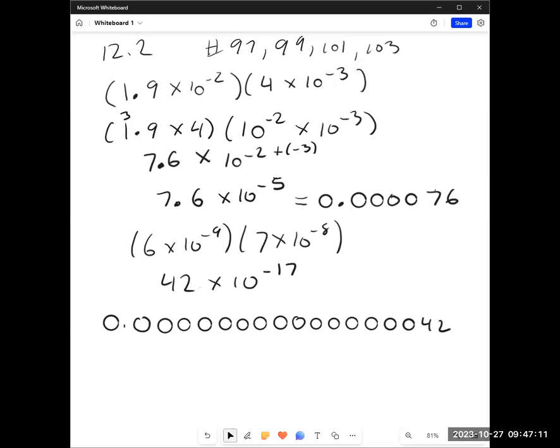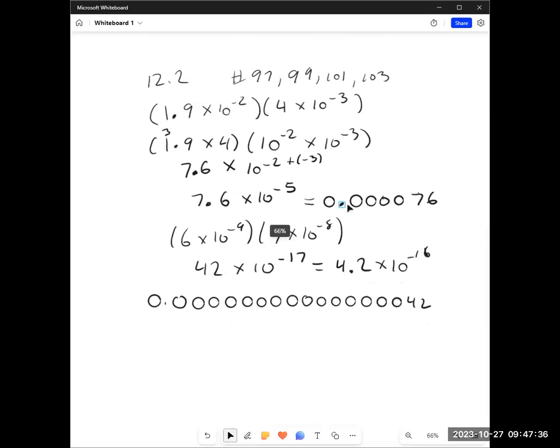It's a lot of zeros. You see what the advantage to writing in scientific notation is. This actually would be written as 4.2 times 10 to the negative 16th in scientific notation, because I want that first significant digit to be to the left of the decimal point with all other significant digits to the right of the decimal point.